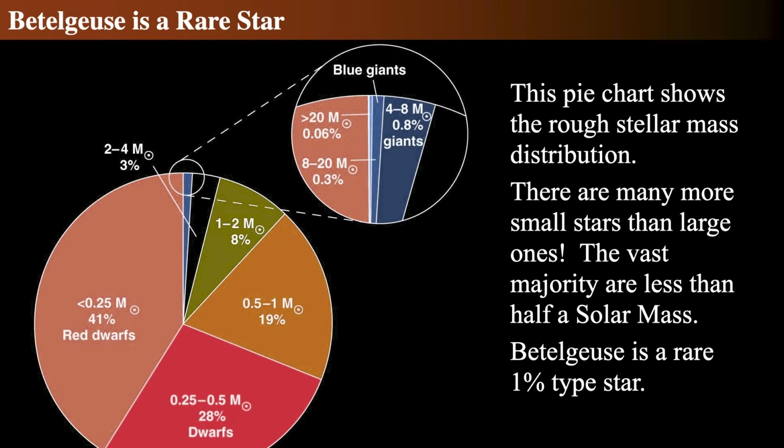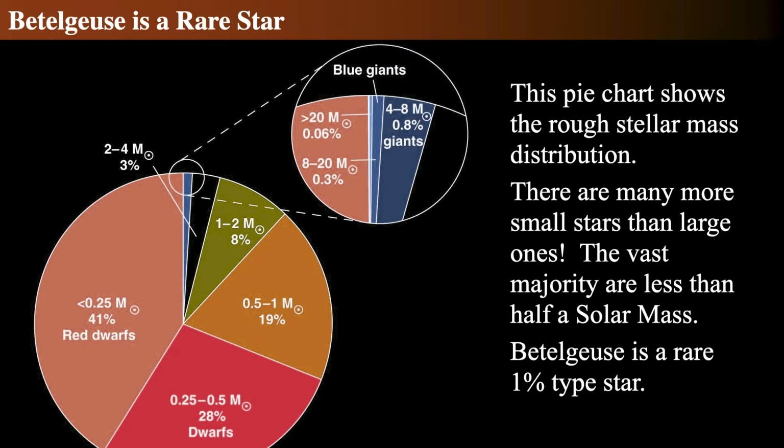So we're really looking at the deep little blue sliver where we have a 4 to 8 or 10 solar mass type star, which is about 1% of all the stars in the sky, and Betelgeuse falls in that realm. It's not one of the small mass stars between 1 and 2 or a half or a quarter or less than a quarter the mass of the Sun. It is in that elite category of very, very massive stars where so few of them in the sky are that massive.